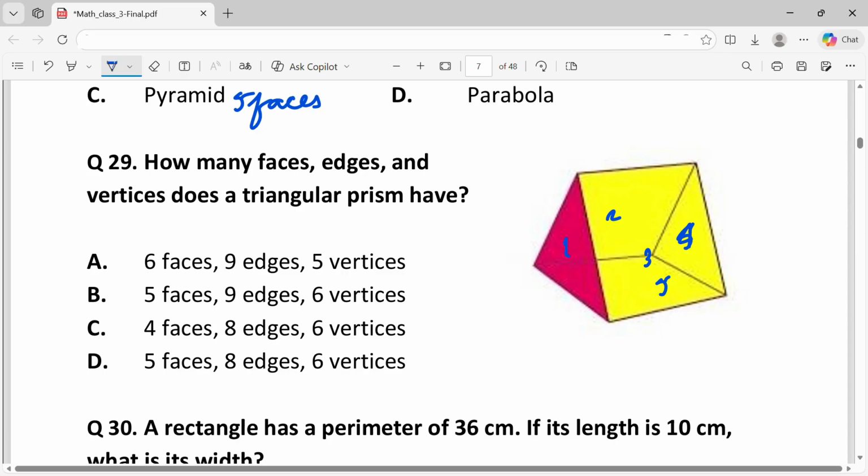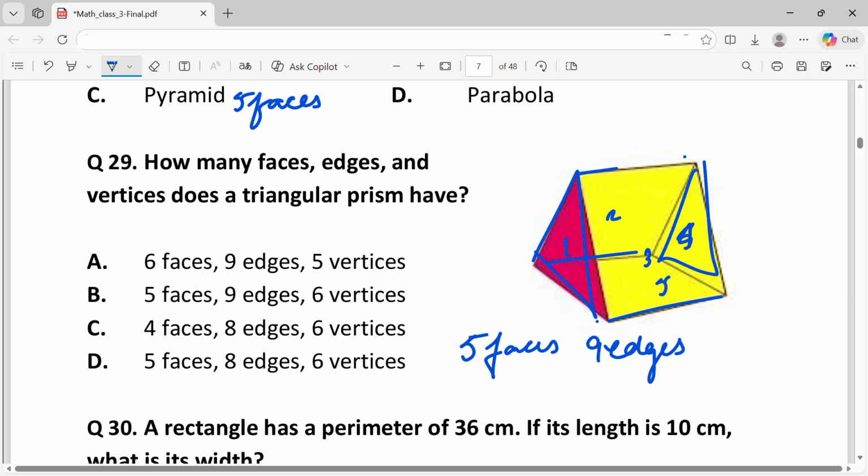The number of edges will be 3 of this triangle, 3 of this triangle, that is 3 plus 3, 6, and then 1, 2, and 3. That is 3 plus 3 plus 3, that is 9. So 5 faces, 9 edges, and 1, 2, 3, 4, 5, 6 vertices. That is option B.